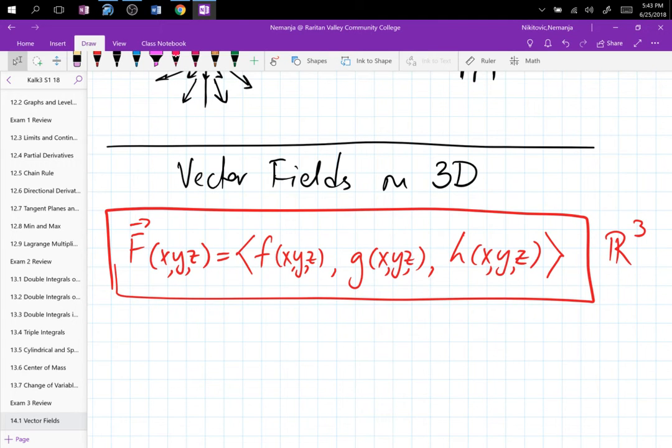What's a good example? A sun, right? Sun is a good example, because it radiates radially around, in all directions, the radiation, right? So that's one of the examples.